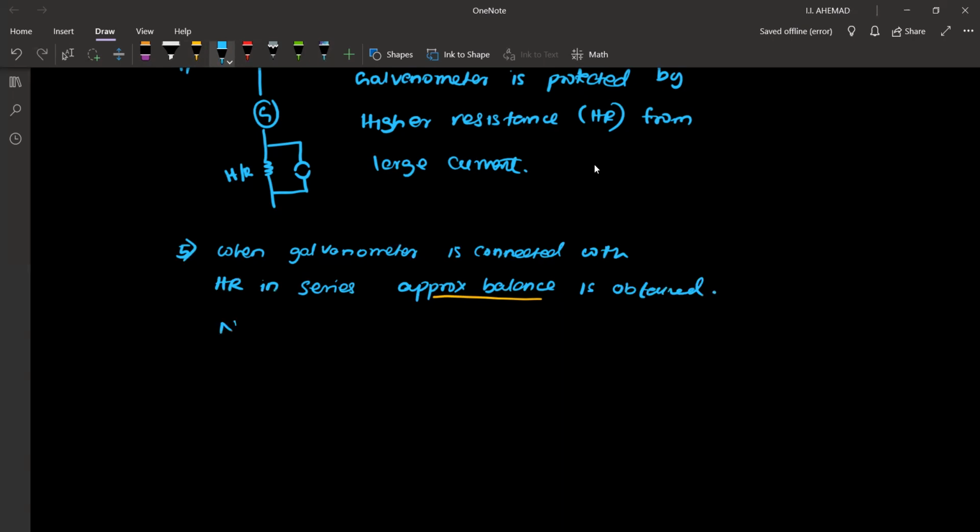Next, the high resistance is short circuited by closing the key.